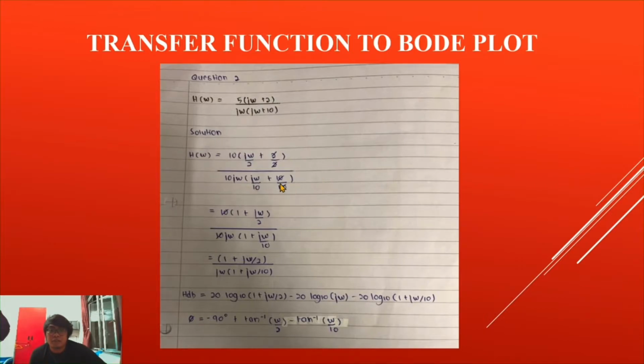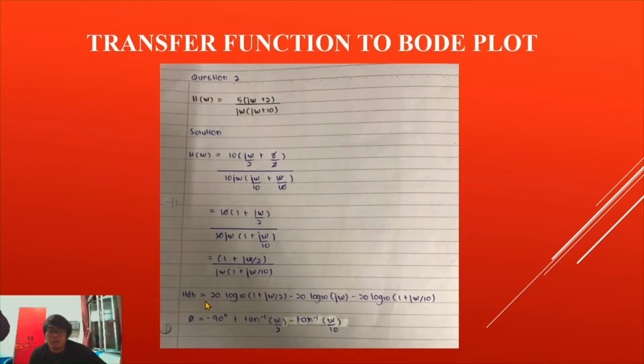For the solution, we must factorize the number 2. We multiply 5 by 2, so we get 10(j omega over 2 + 2 over 2) over j omega, and we factorize the number 10, so we get 10 j omega (j omega over 10 + 10 over 10). So the final answer we get is (1 + j omega over 2) over j omega (1 + j omega over 10).